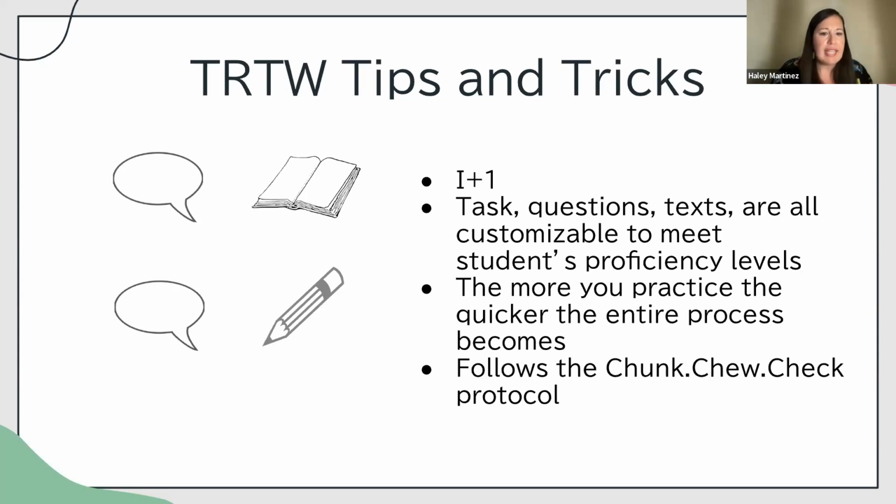So task, question, and text are all customizable to meet the student's proficiency level. The more you practice, the quicker this entire process becomes, and it follows the model of chunk, chew, check. You're going to chunk the information, give them time to chew on it, and then check for comprehension.